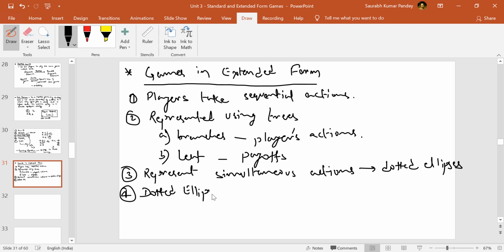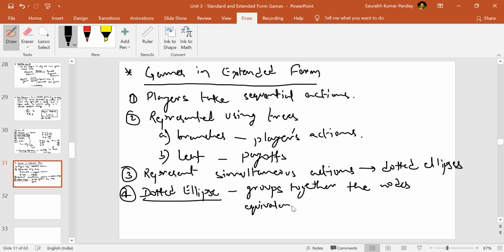If you find a dotted ellipse in the tree representation of a game in extended form, it groups together the nodes. And what are those nodes? The nodes are equivalent to the rest of the agents.